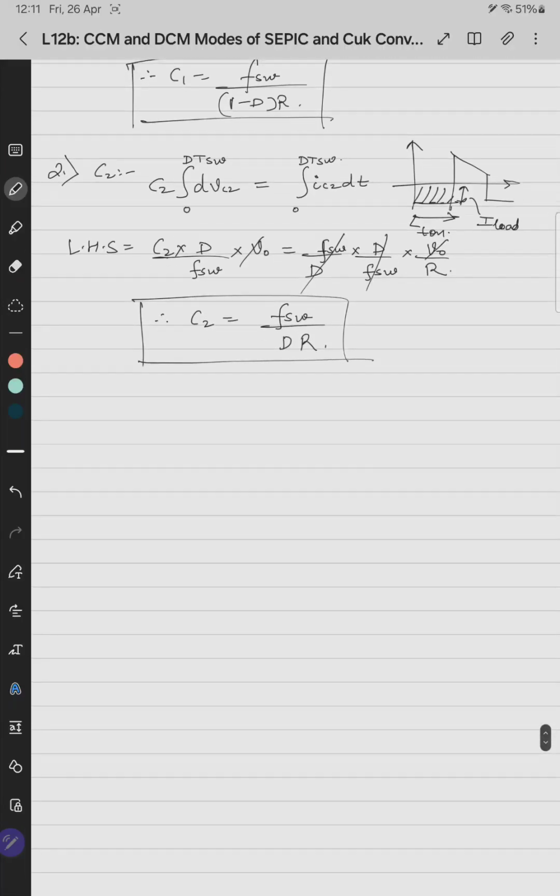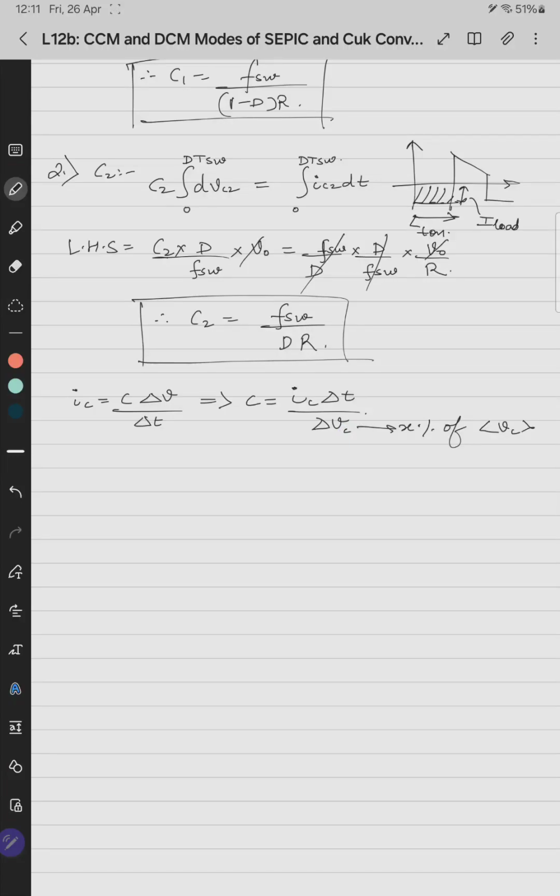So again using similar analysis for the ripple, IC equals C delta V by delta T. So C is IC delta T by delta V. So delta V is some X percentage of the average value of VC.